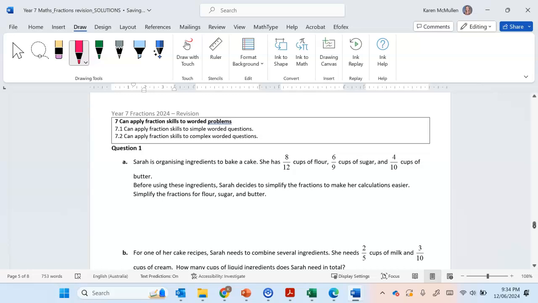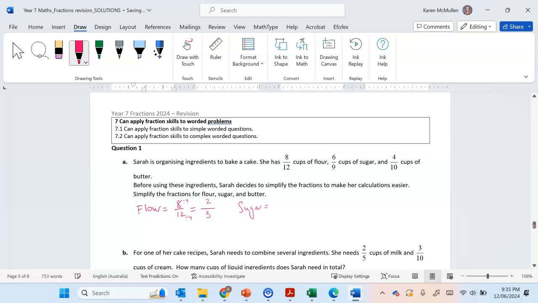Simplify the fractions. All right, so for flour, we have 8/12. So we just need to simplify that. Whatever I do to the top, I've got to do to the bottom, so I need to find the highest common factor. The highest common factor is 4. So 8/12 is the same as 2/3. Then what do we have?